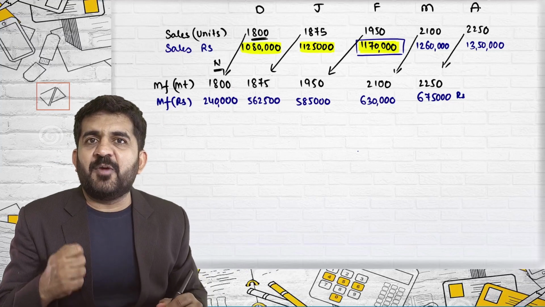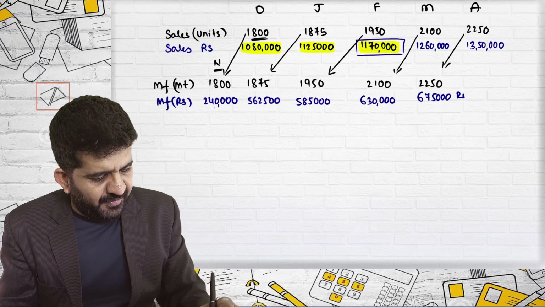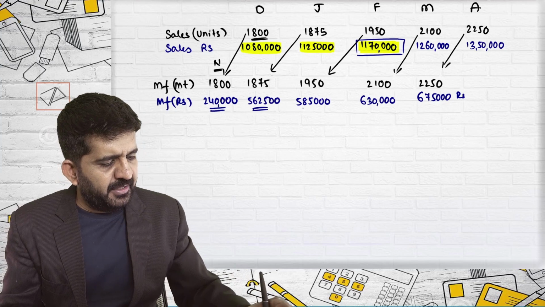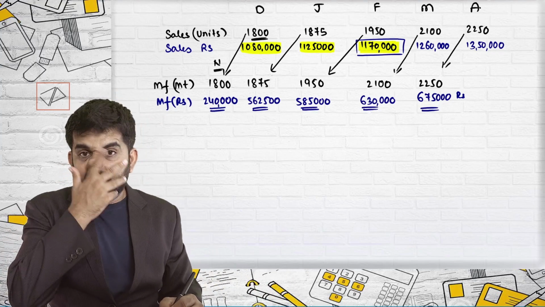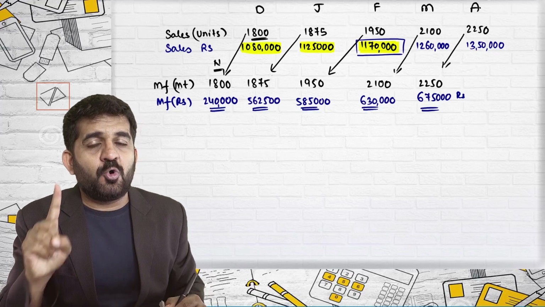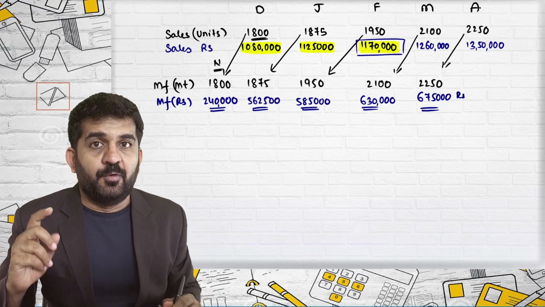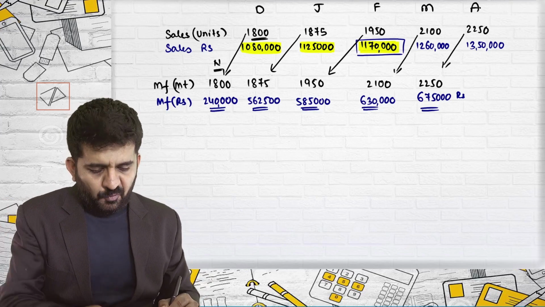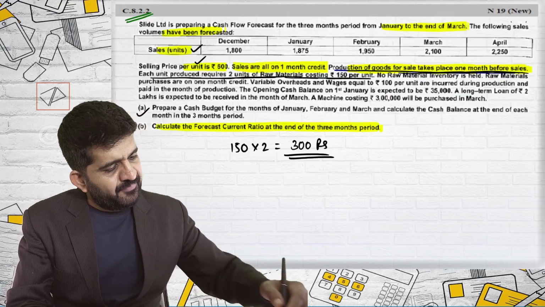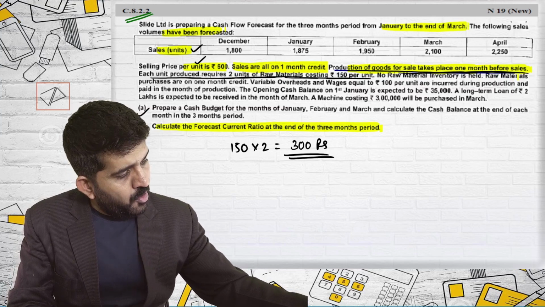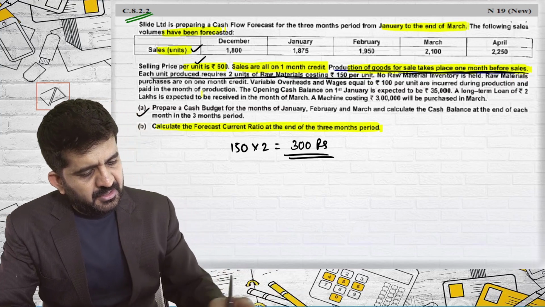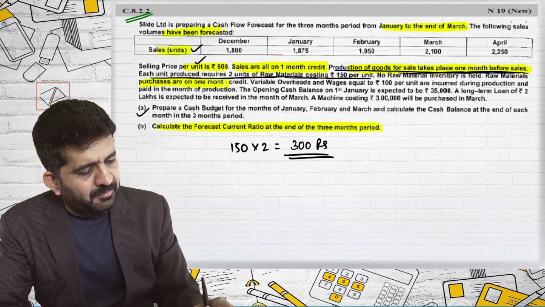Now, this manufacturing cost is happening in November, in December, in January, February and March. But manufacturing cost incurred is not my cash outflow. Paid is my cash outflow. And they say no raw material inventory is held. Raw material purchases are on 1 month credit.